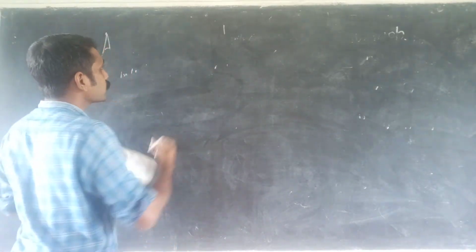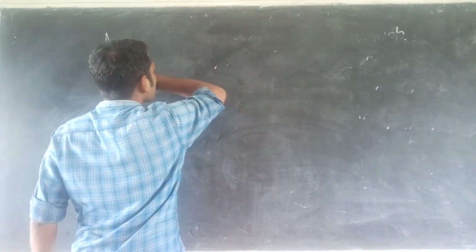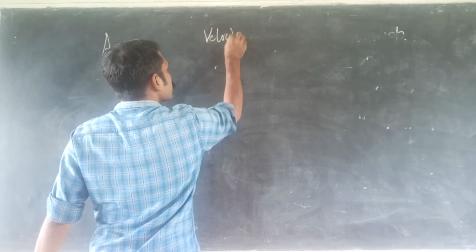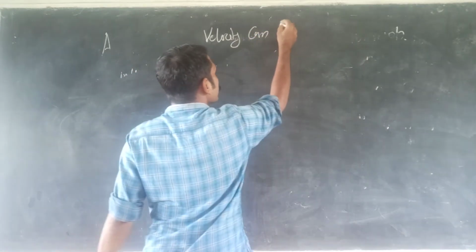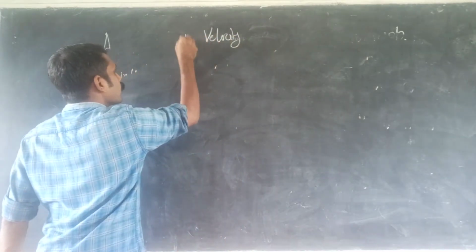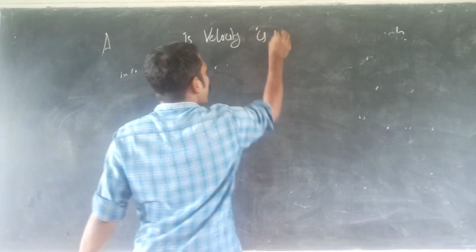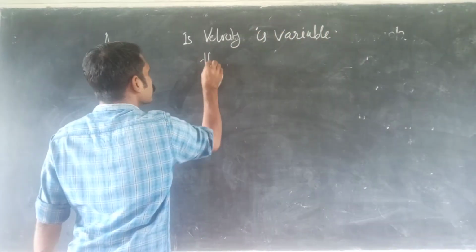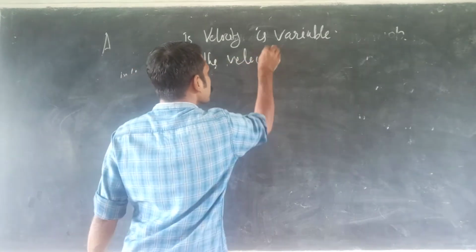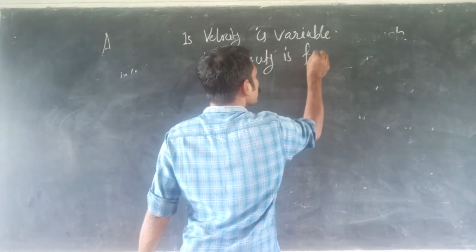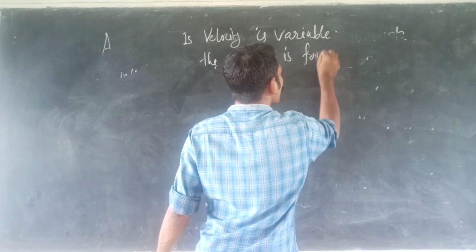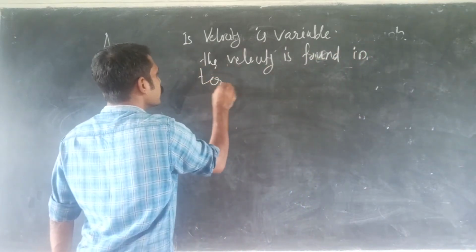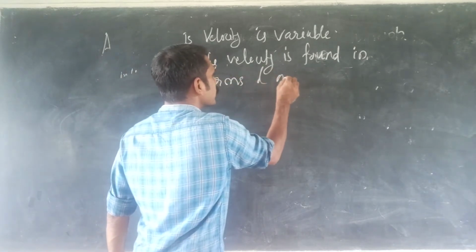What is average velocity? Listen here. If velocity is variable, changeable, then the velocity is found in terms of average velocity.